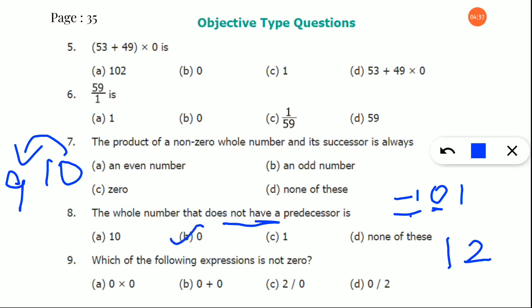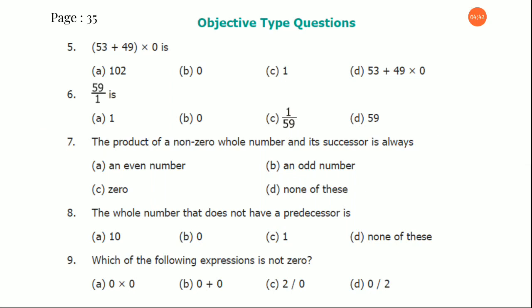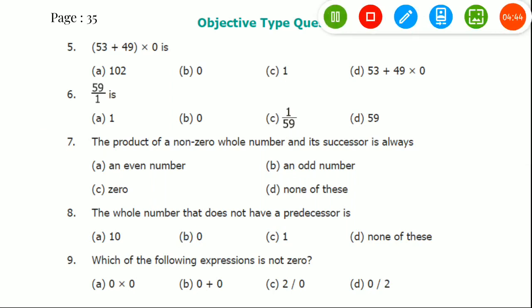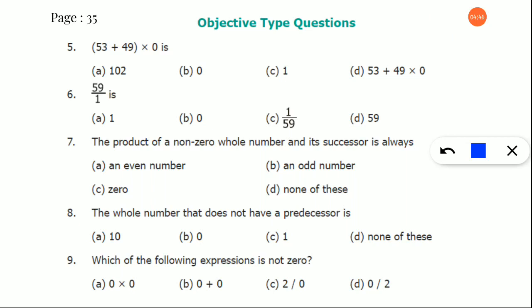Okay, ninth one. Which of the following expressions is not 0? You are going to simplify each one and check which one is not 0. 0 into 0 will give you 0. 0 plus 0 will also give you 0. Now, 2 by 0.